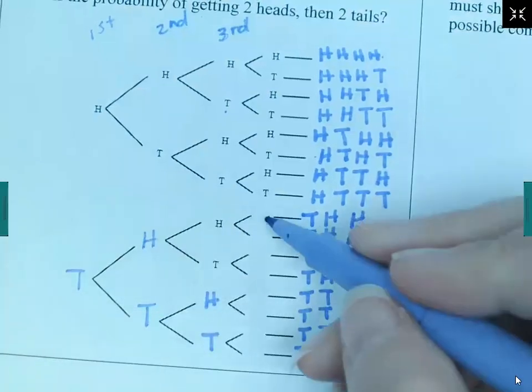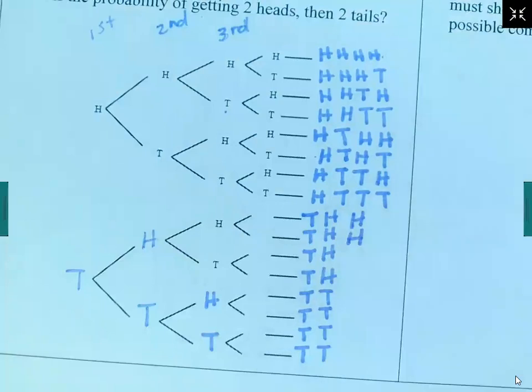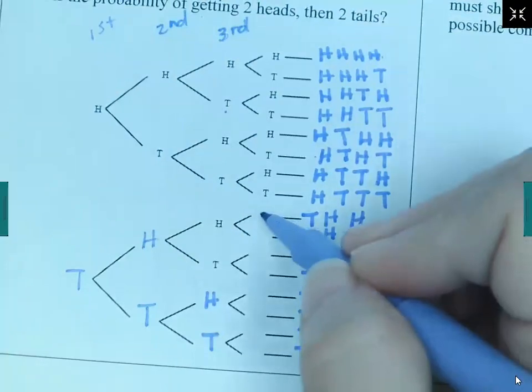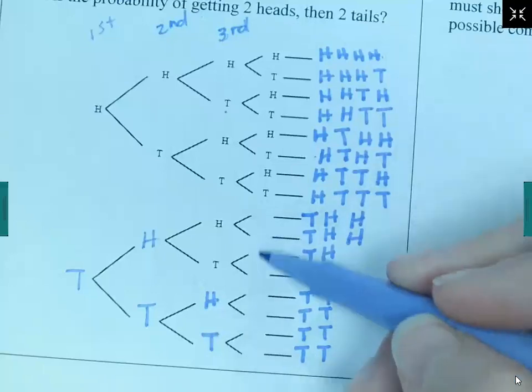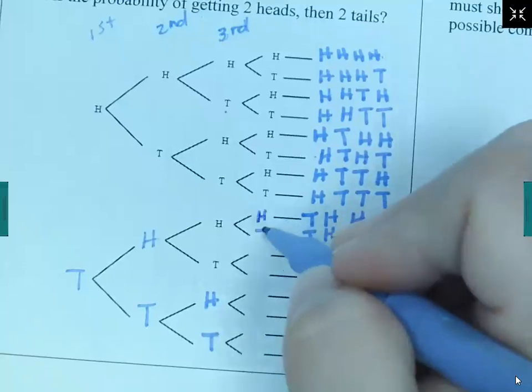Oh, that was the same up there. Oh, we're missing this one. No, it's still T, H, H, but we are missing these. What should these be?